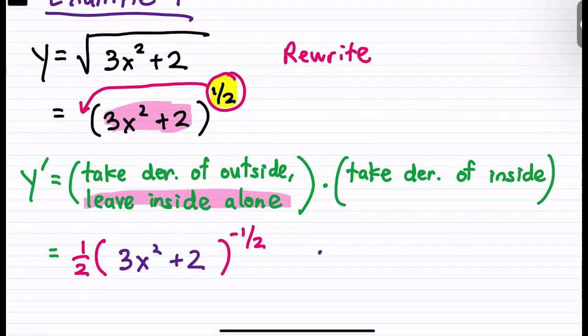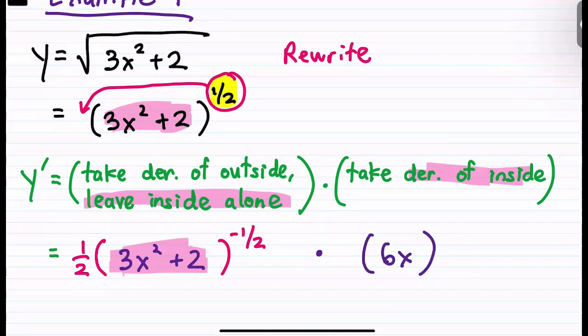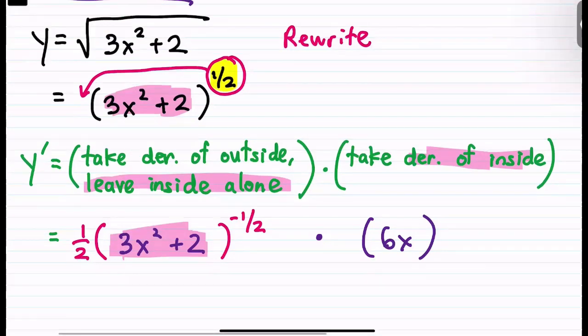Again, the inside function is 3x squared plus 2. Then multiply this whole thing that we just wrote by the derivative of the inside. So again, we take the derivative of the inside function, which will come out to be 6x. Now let's simplify our expression here.